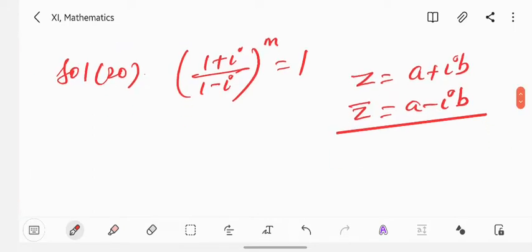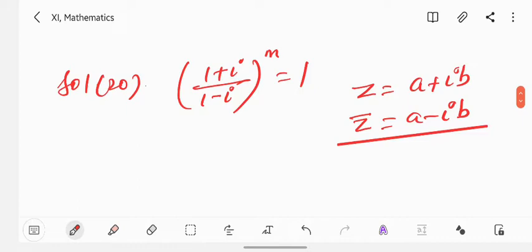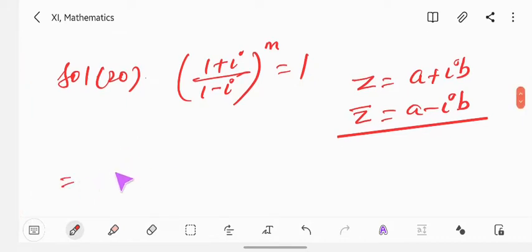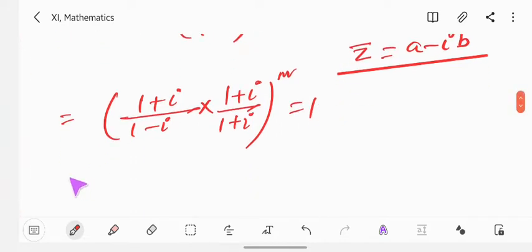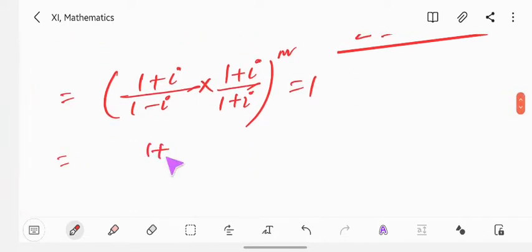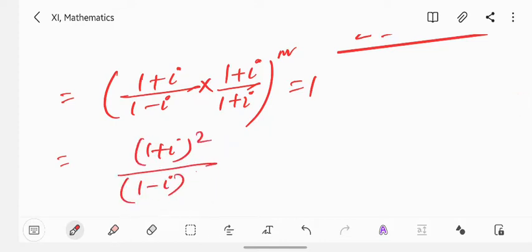So finding the conjugate and multiplying the numerator and denominator with the conjugate of the denominator, the value will be 1 plus i by 1 minus i multiplied by the conjugate of denominator 1 plus i by 1 plus i, using the equivalent fraction rule. In the numerator we have 1 plus i whole square, and in the denominator 1 minus i and 1 plus i, power m equals 1.